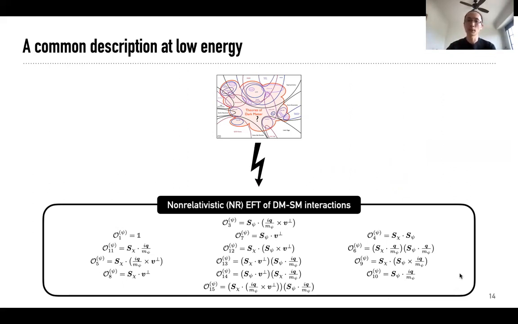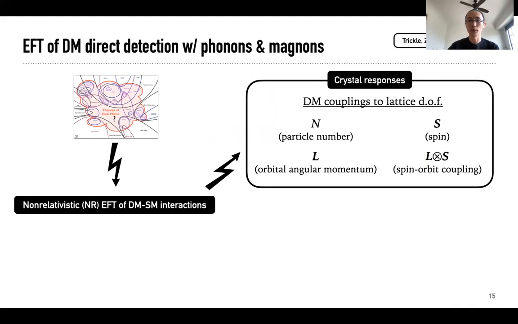So starting from here, we can forget about the dark matter models and just work with these effective operators. And so we want to establish an effective field theory framework for direct detection with phonons and magnons. And the first step, once we have these operators, would be to compute the dark matter couplings to the lattice degrees of freedom because our target systems are crystal lattices.